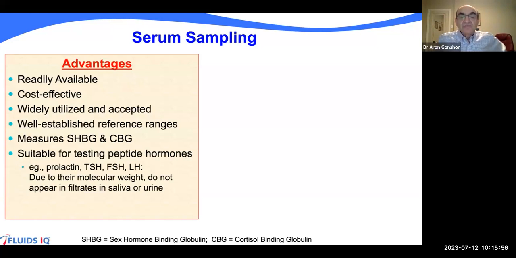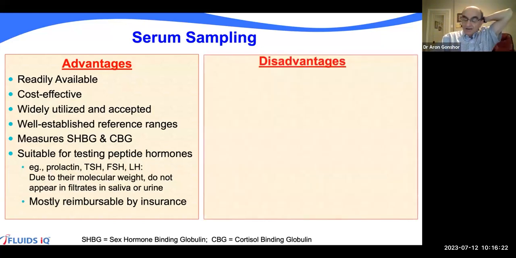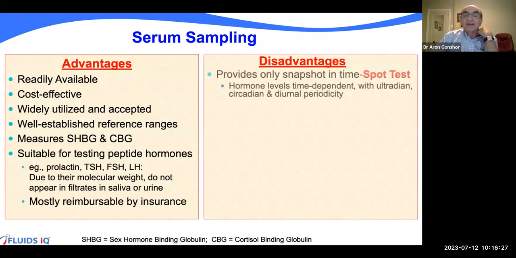That's to be differentiated from steroid hormones. For example, prolactin, TSH, FSH, luteinizing hormone, LH. And by the way, those hormones, due to their high molecular weight, they don't appear in the filtrates from saliva or urine. You can only pick them up in blood. And as an added feature, a lot of these tests are reimbursable by insurance, which is important for many patients and healthcare professionals. But what are the disadvantages?